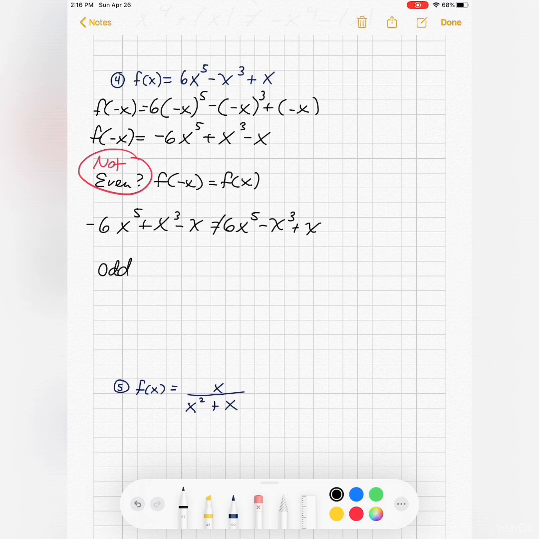Okay, what about odd? That's this quantity. Okay, is that equal to the negative of the original function?